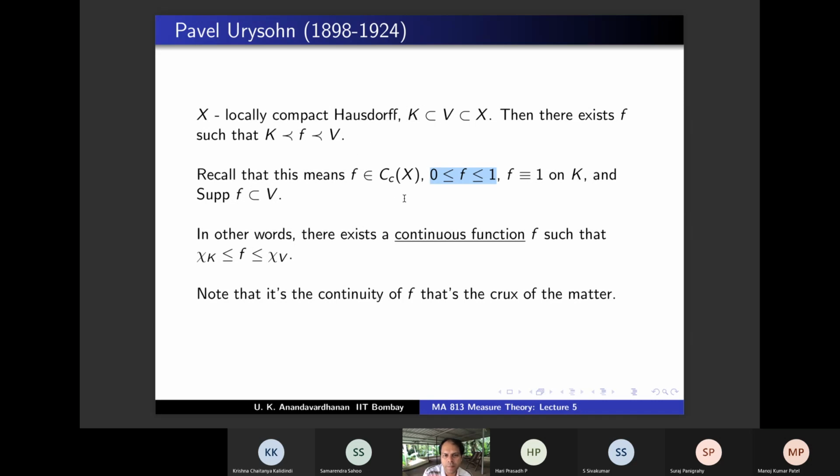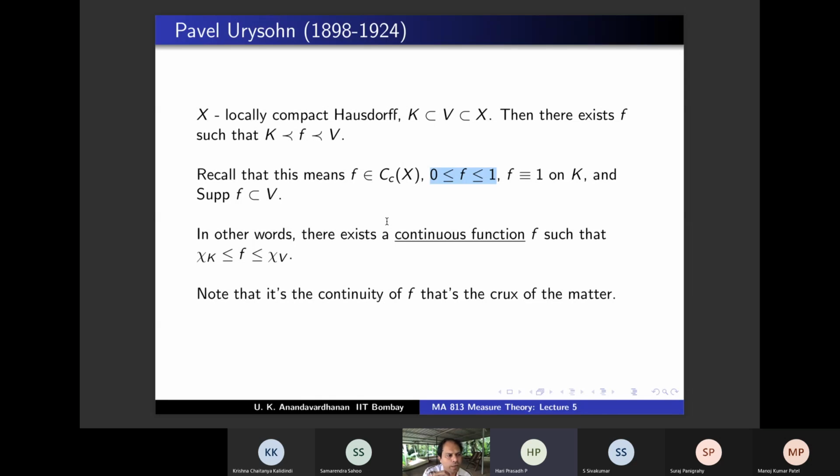And what if you take chi V? What is the support of chi V? V closure. Chi V is 1 on V and 0 outside. Yeah, it is V bar. Sir, support is the set of all x such that f of x is not equal to 0, right, sir?